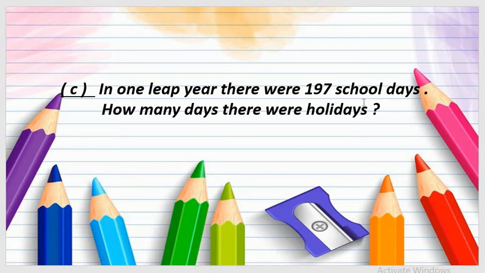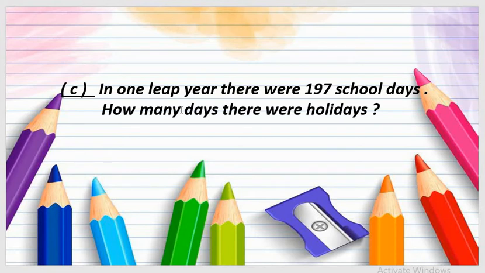First of all, understand the question. In 1 year, 1 leap year. Anybody can tell me what a leap year is? You all know what a leap year is, I hope you all remember. Otherwise I'll tell you.